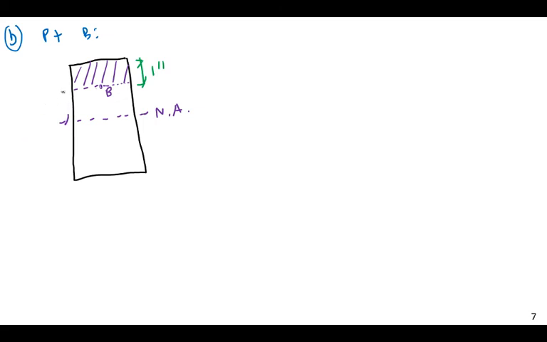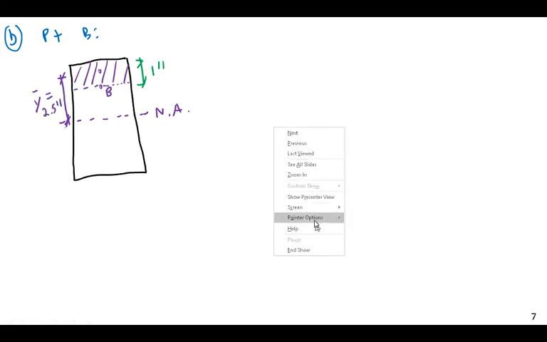Okay, so then I am going to need the centroid of this region for this Q, and this is the Y bar we're going to use. So Y bar is going to be 2.5 inches. And so now, thankfully, we don't need to recalculate I. It's going to be exactly the same.